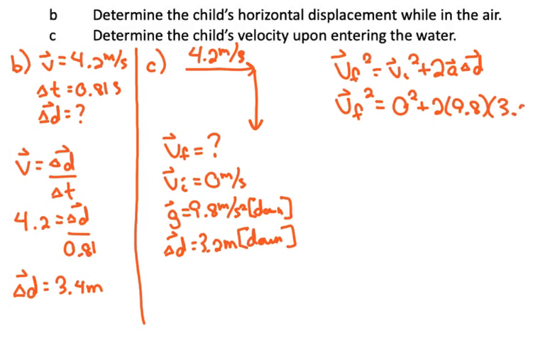D is 3.2. Working out the right side gives us 62.72. Taking the square root, going to 2 sig figs would give us 7.9 meters per second down.